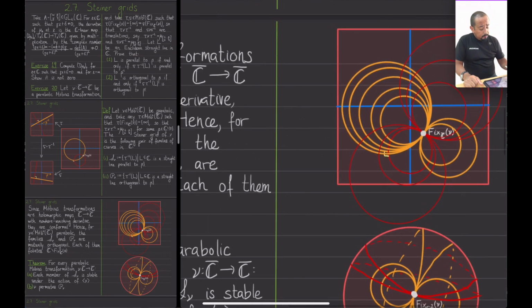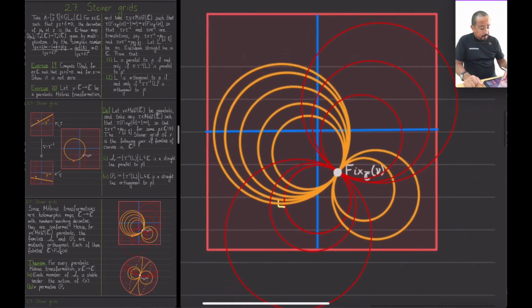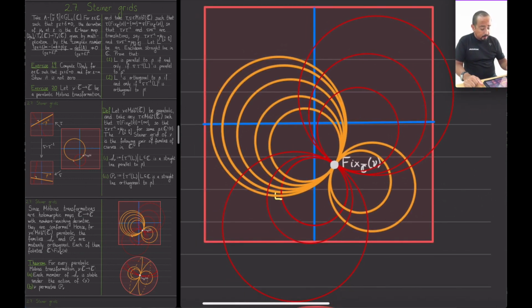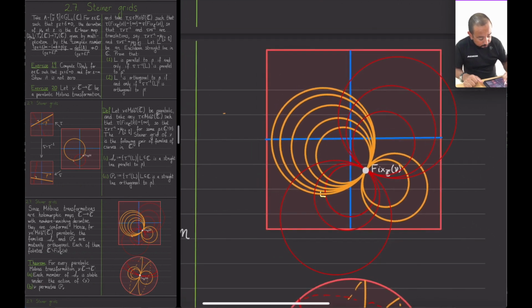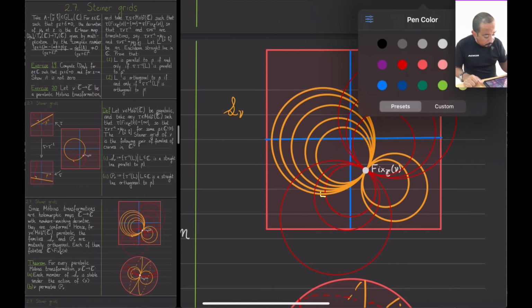and somehow what is fascinating is the geometry, right? So here in orange, I'm writing the curves in S nu. So S nu is in orange, and P nu is in red.